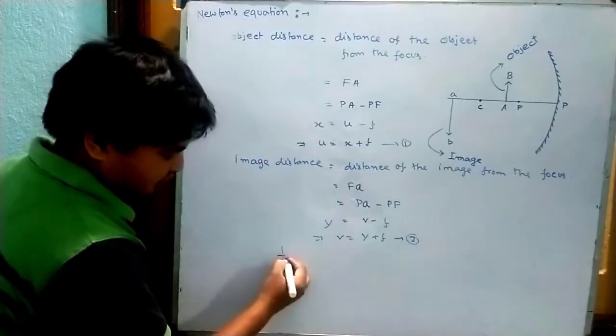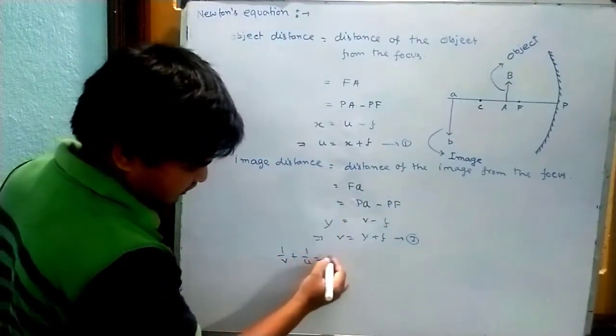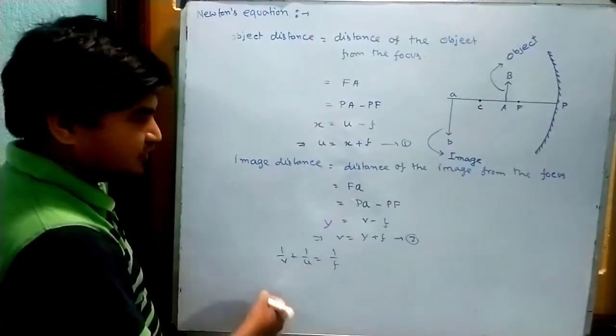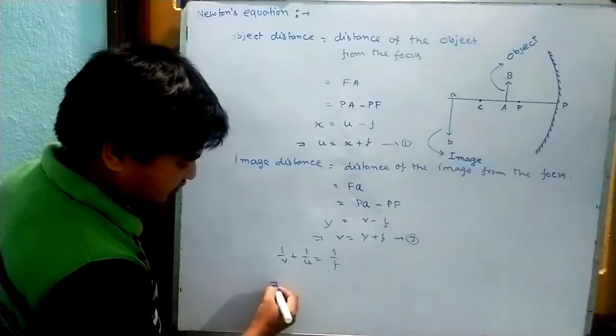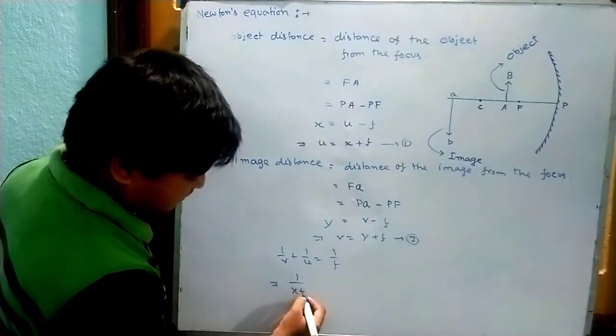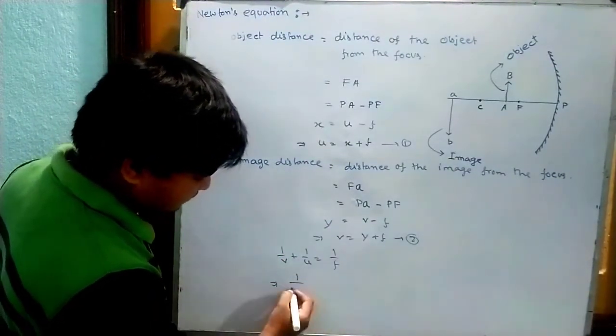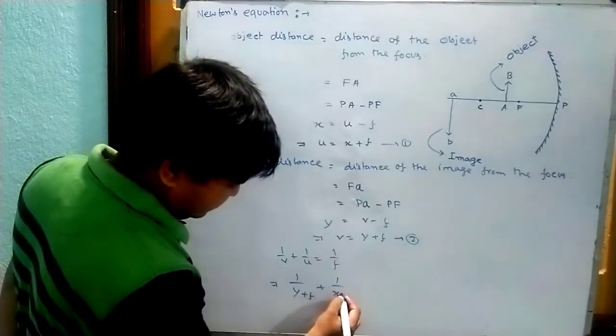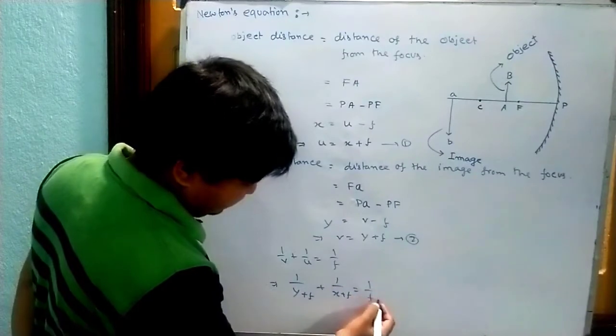We know 1 by v plus 1 by u equals to 1 by f. So here just putting the value of u and v. 1 by y plus f plus 1 by x plus f equals to 1 by f.